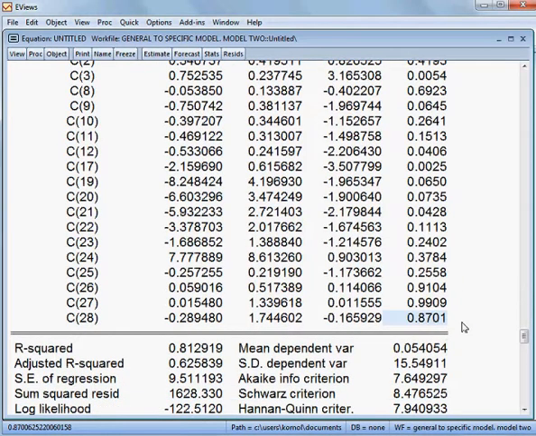Okay, now we shall check how this model is. That means as a whole, whether the model is good or bad. That means from the statistical point of view, whether this model is good or bad. That we want to check now.